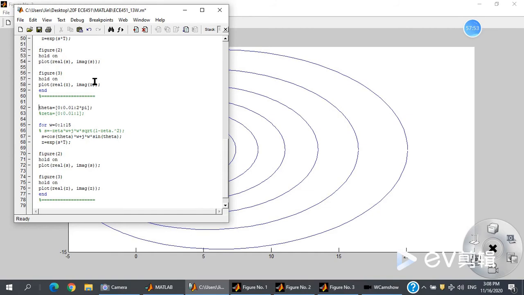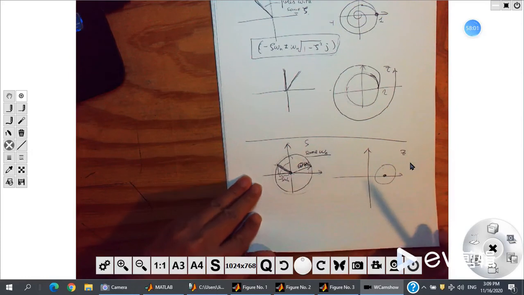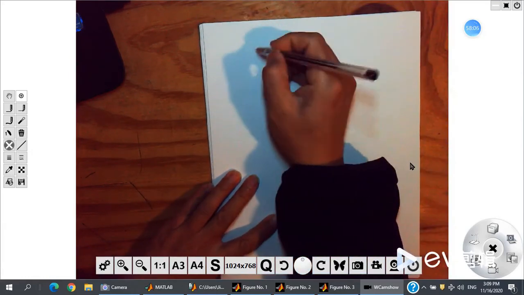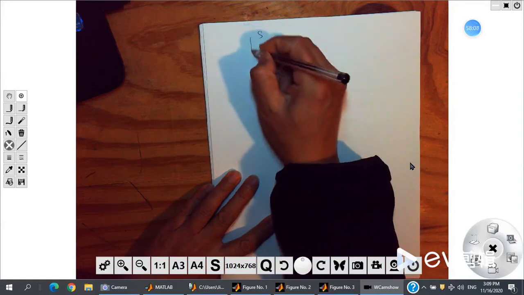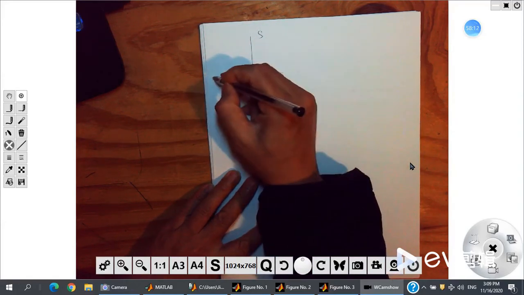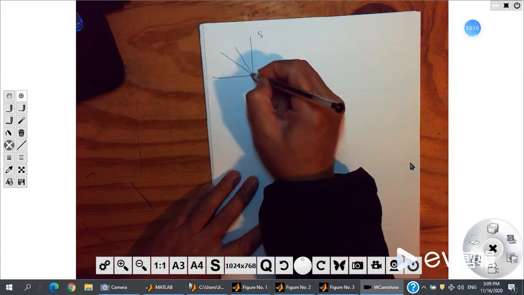I want to consider this case. In the S domain, actually in the design, when you design a system, you are interested in the poles here, right?